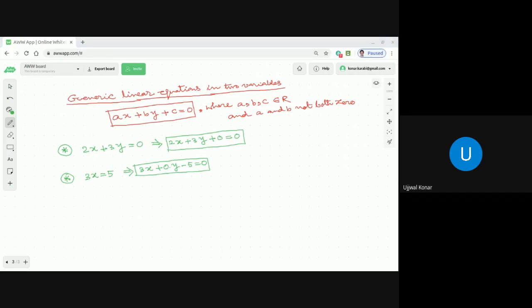Now what we are going to discuss in detail is how to find a solution to the linear equations in two variables. So what is the solution to a linear equation? The next point of discussion is the solution of a linear equation.